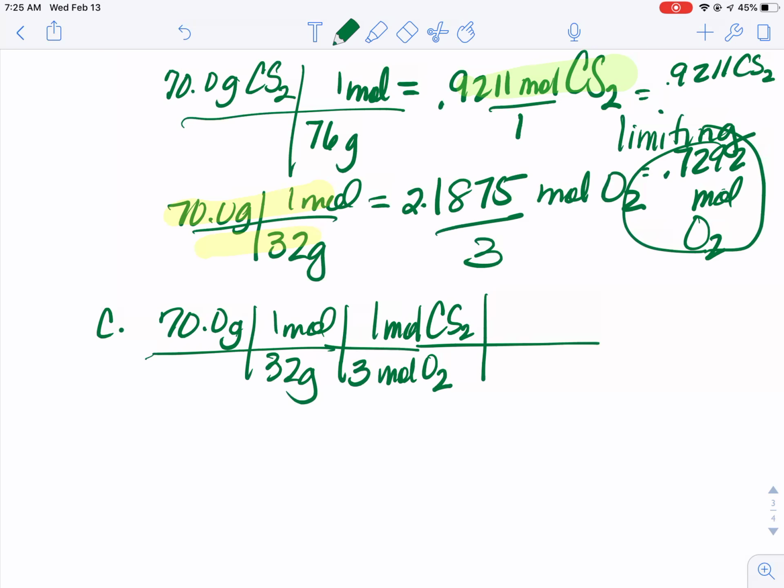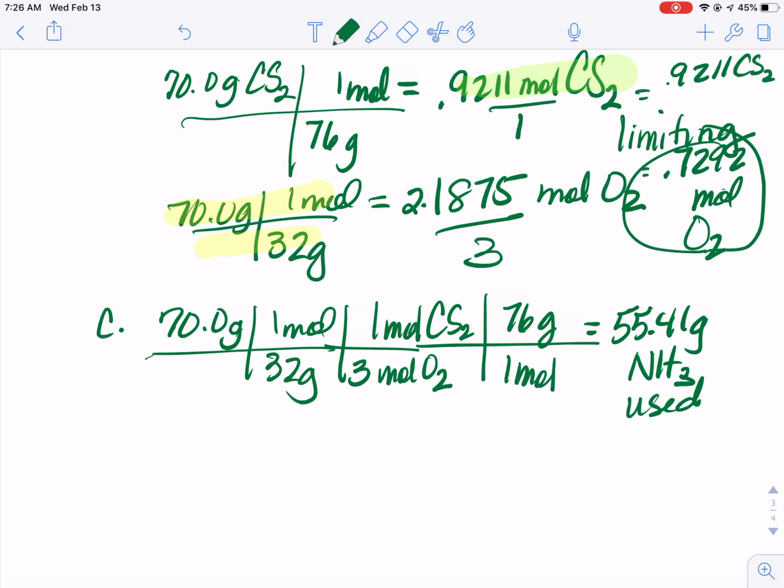Our molar mass of CS2 was 76 grams in 1 mole. Divided by 32 divided by 3 times 76, 55.41 grams of carbon disulfide used.